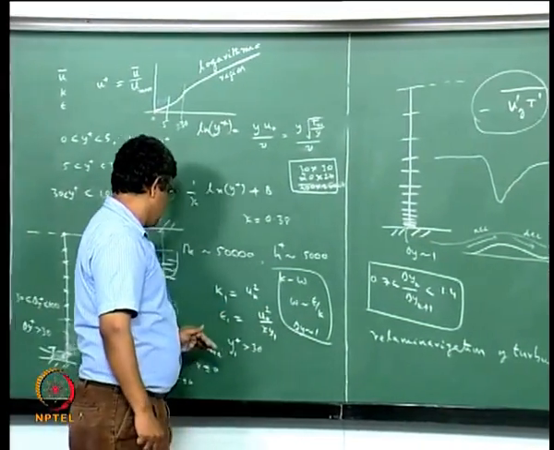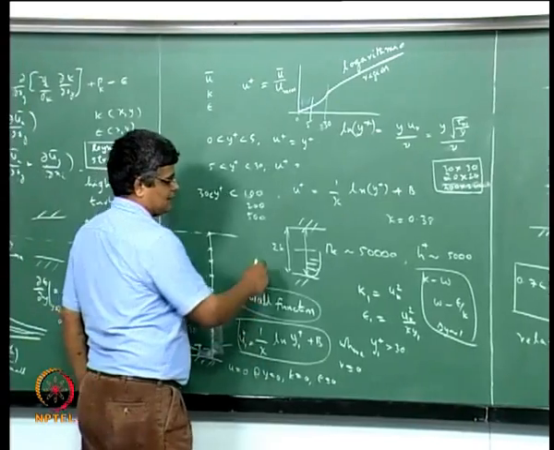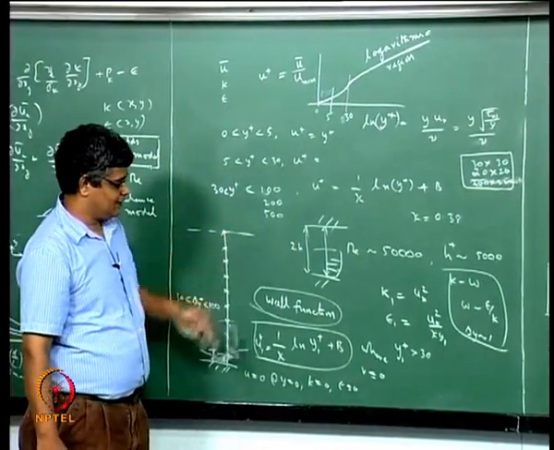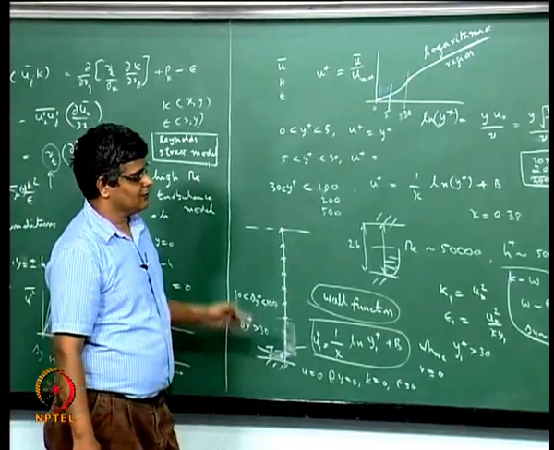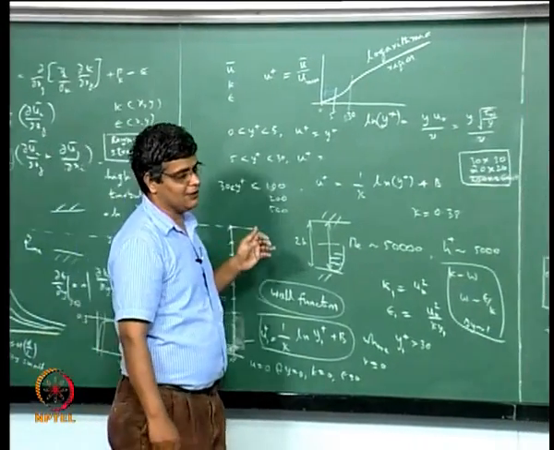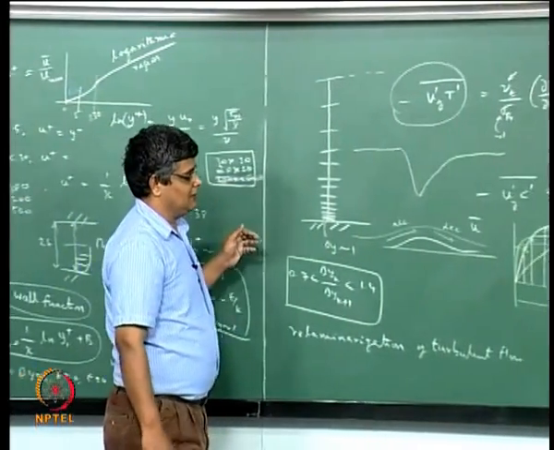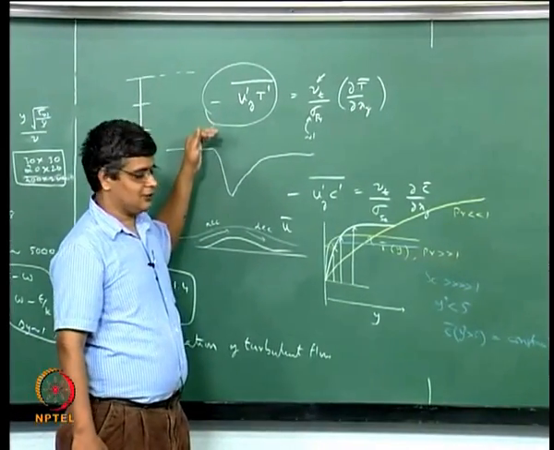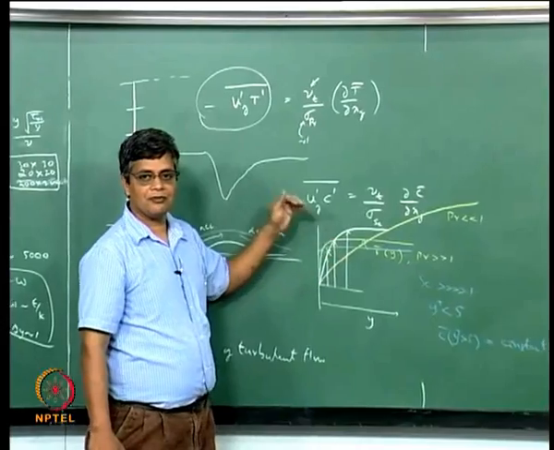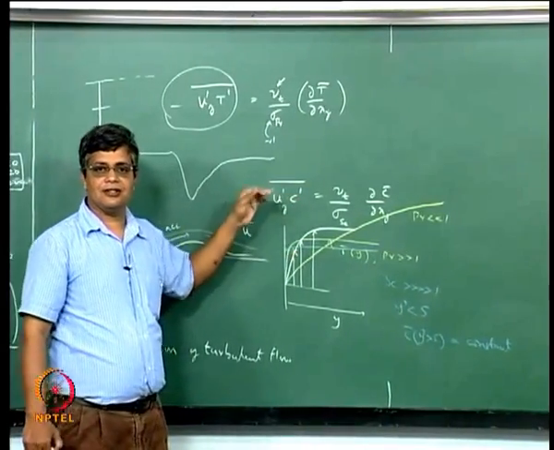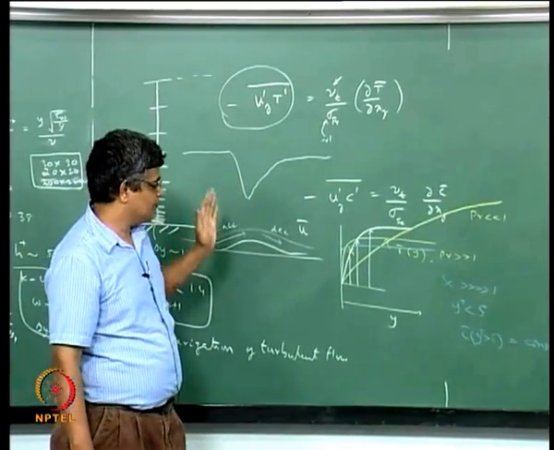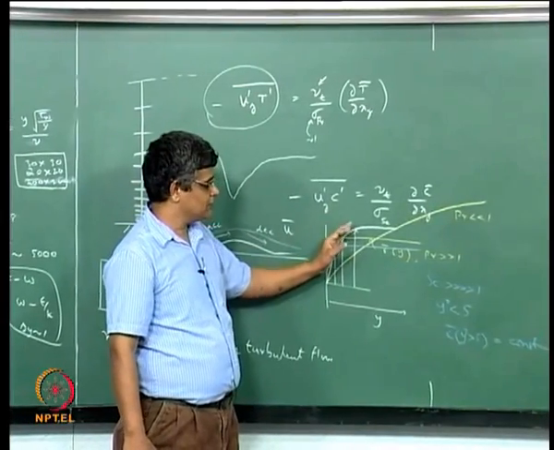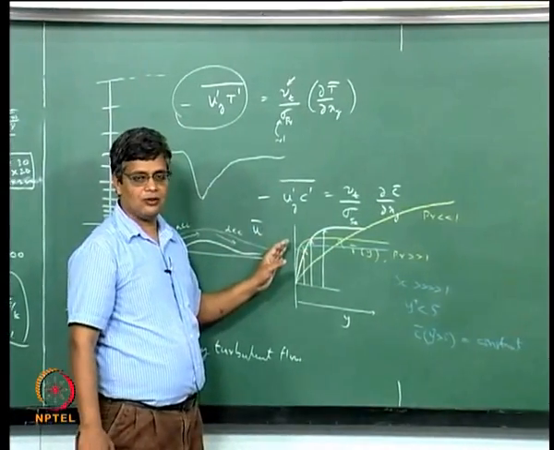Or we have to alter the standard wall functions that we use for the energy and species concentration. So we have to be careful, otherwise we cannot expect to get good agreement between the measured heat transfer coefficient or mass transfer coefficient and the computed one, not because of the discretization errors and computation errors, but because we have made wrong assumptions about the influence of turbulence close to the wall.